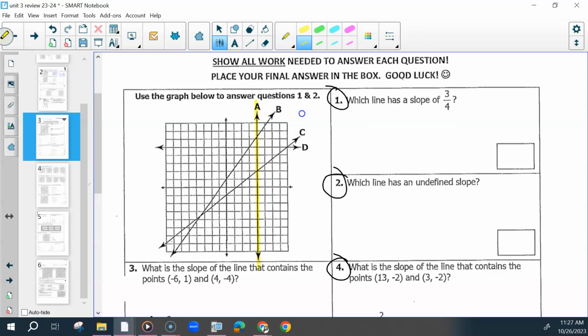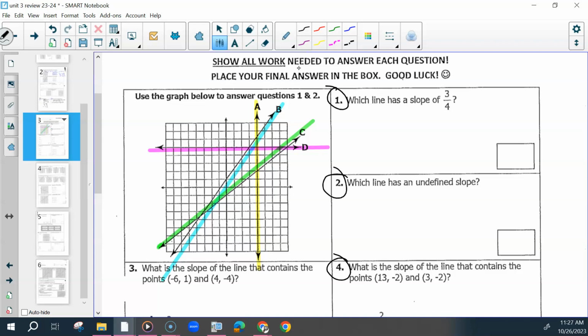C. Sure, it's a little off, but for number 1, we're looking for which one has a slope of 3/4.